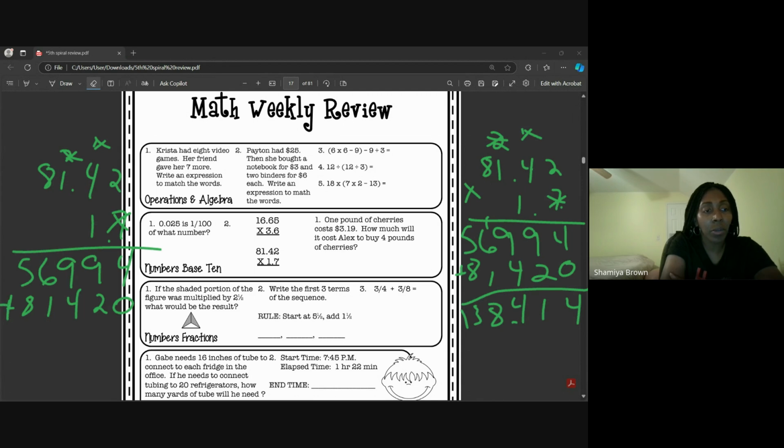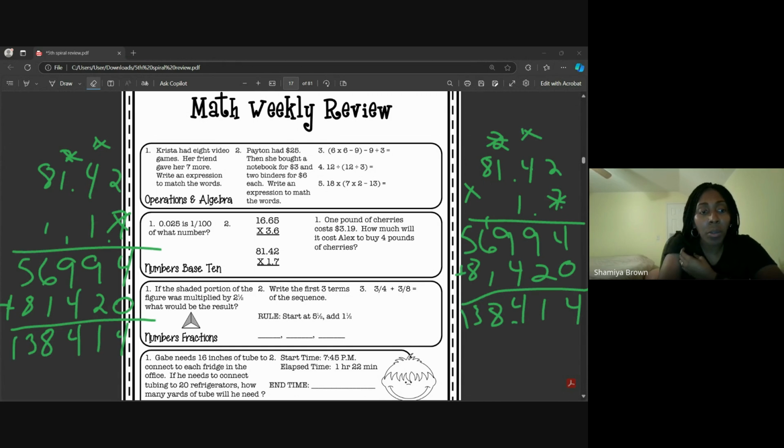Now I add it up. 4 plus 0 is 4. 9 plus 2 is 11. Carry my 1. 1 plus 9 is 10, plus 4 is 14. Carry my 1. 1 plus 6 is 7, plus 1 more is 8. Then 5 plus 8 is 13.